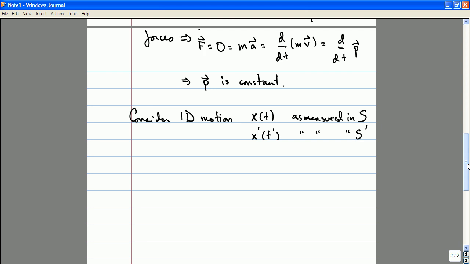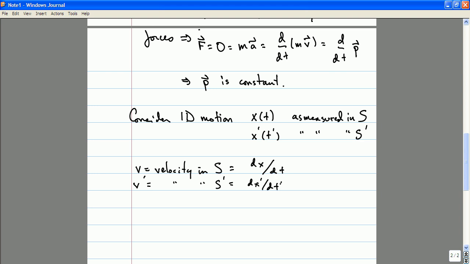And then you could talk about the velocity, v, as measured in the S frame, which of course is just dx by dt, as compared to v prime, the velocity measured in S prime, which is dx prime by dt prime.